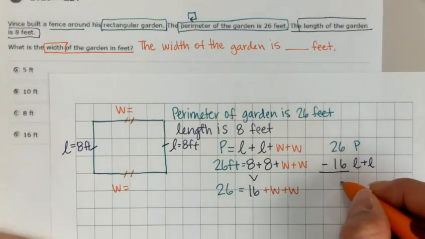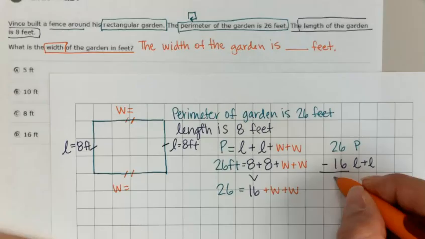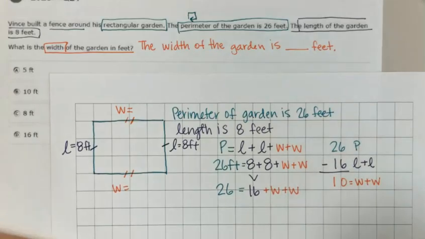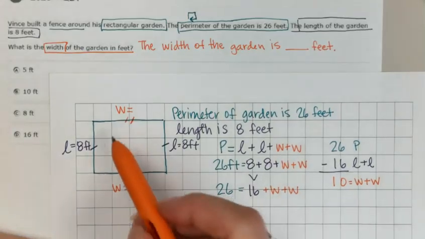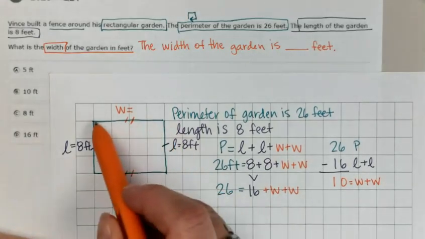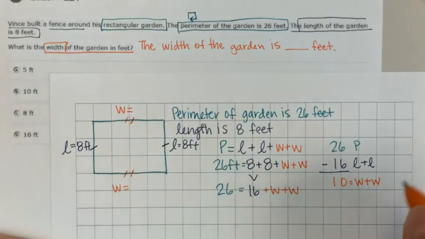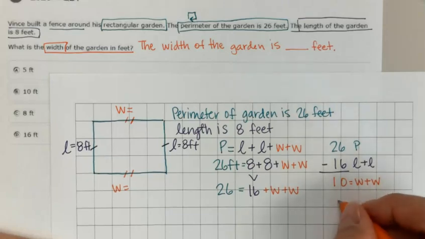So 6 take away 6 is 0, 2 take away 1 is 1. So this 10 is equal to width plus width. Because it's a rectangle, this width is equal to this width. So what two same numbers can be added together to make 10? There's two ways of solving for this.